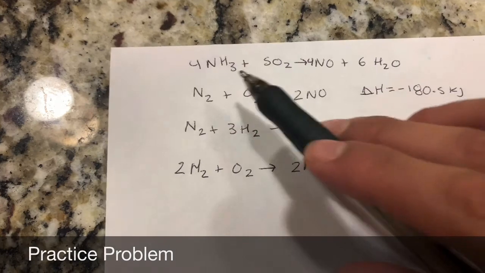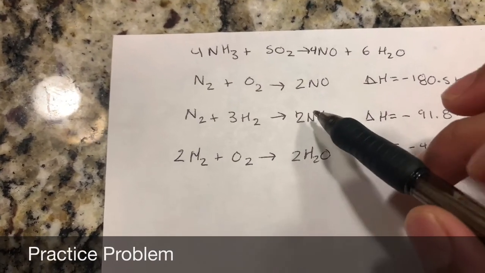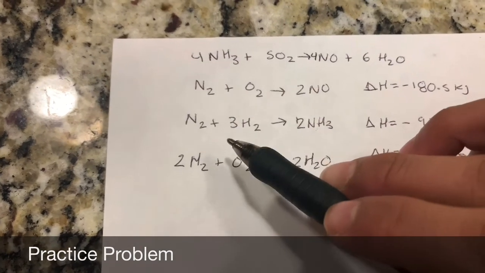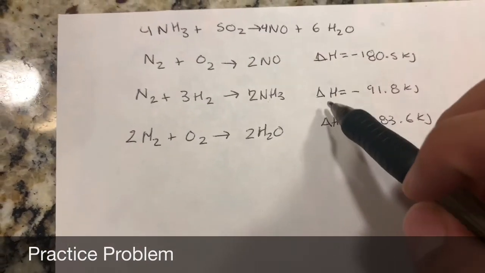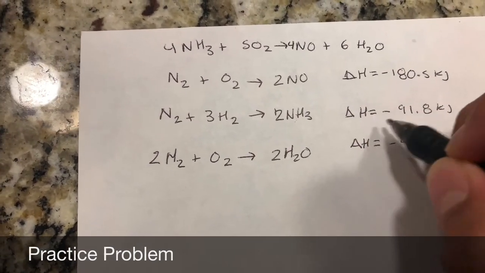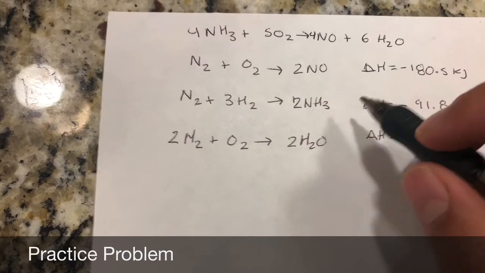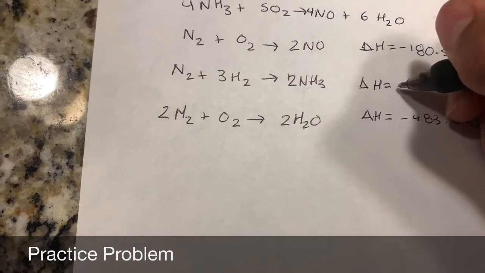So in order to change this to the reactant side, we're gonna have to flip it, meaning that the products are actually gonna turn into the reactants, and the reactants are gonna turn into the products. This is gonna cause the delta H to change as well, but only by its sign. So since we flipped it, the delta H is going to be positive 91.8.